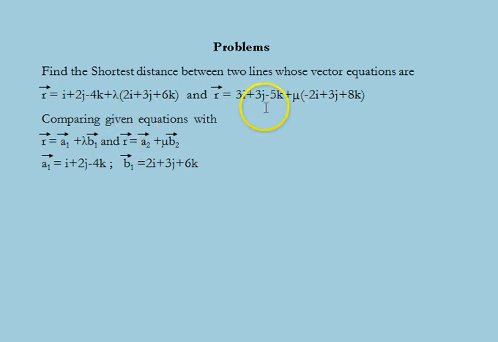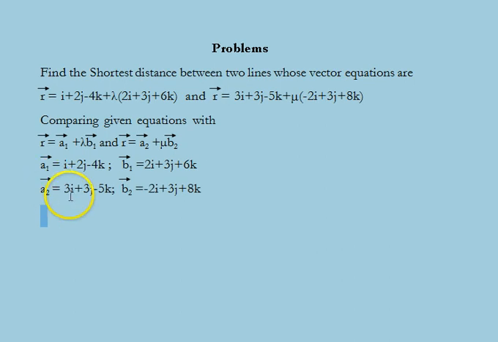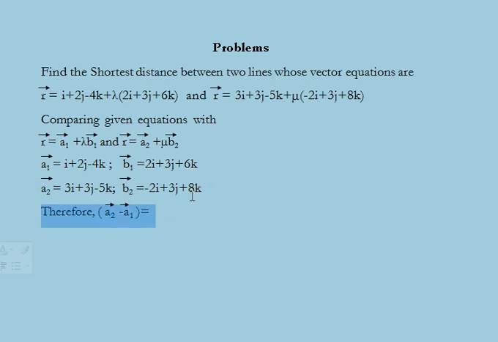Similarly, comparing the second equation, we have the value of a2 as 3i plus 3j minus 5k, and vector b2 is equal to minus 2i plus 3j plus 8k. Therefore, the value of vector a2 minus a1 is equal to 2i plus j minus k.